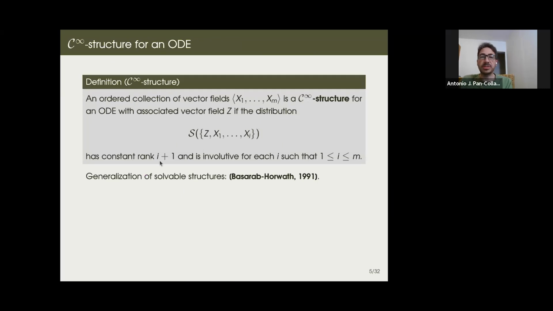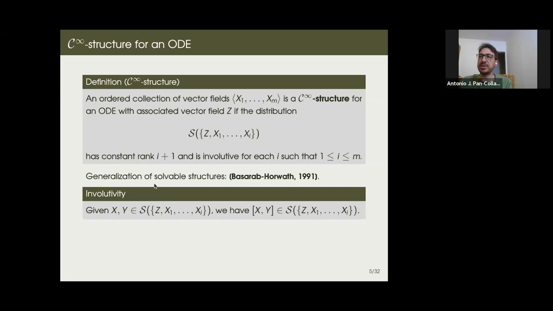The notion of infinity structure, which is a generalization of solvable structures, is the key notion in this approach. It is nothing but a collection of vector fields X1, X2 up to Xn, arranged in such a way that all the distributions arising here are involutive.